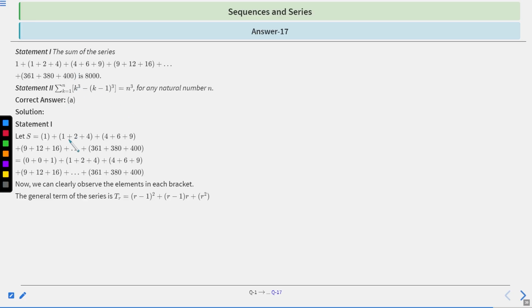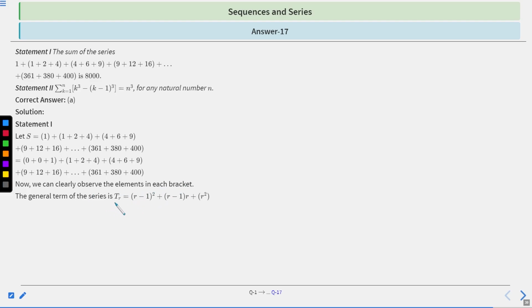Statement 1. S is 1 plus 1 plus 2 plus 4 plus 4 plus 6 plus 9 plus 9 plus 12 plus 16 till 361 plus 380 plus 400, right? So 1 can be written as 0 plus 0 plus 1, then 1 plus 2 plus 4, 4 plus 6 plus 9 till. Now we can clearly observe the elements in each bracket.